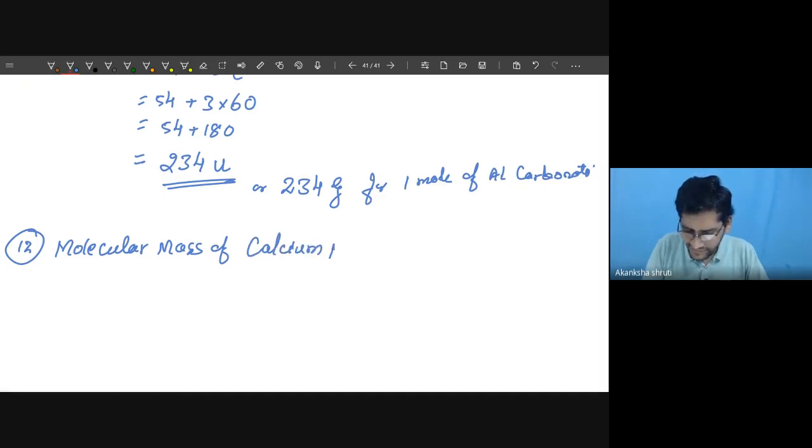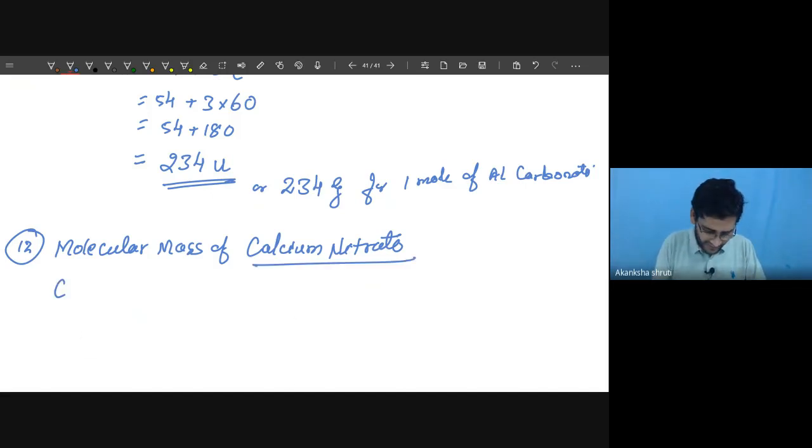Calcium nitrate. Yeah, student, tell me quickly. So calcium nitrate we need to take. Write this calcium nitrate.